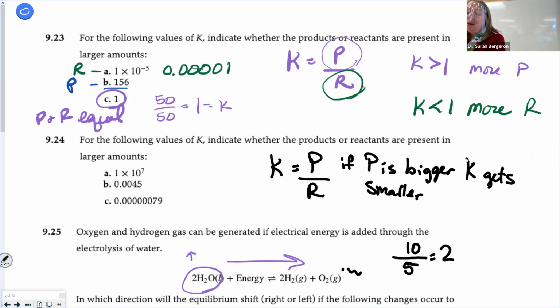2. But what if the opposite were true? What if we said 5 divided by 10? So in this case, if R is bigger, what happens to K?